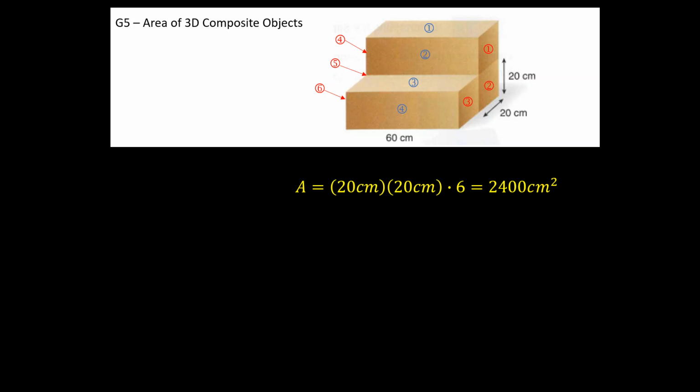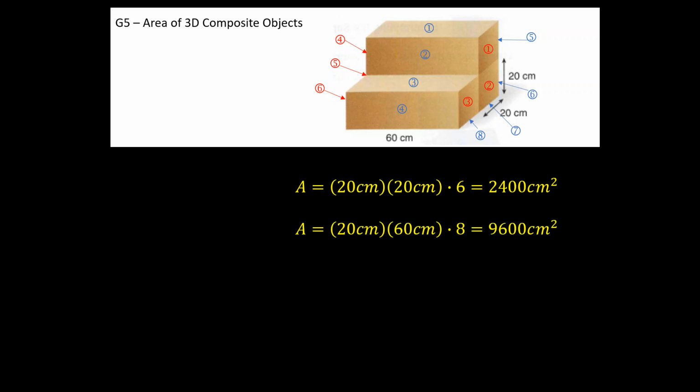But we also know that there are the ones in the back, so that one, that one, that one, and the ones on the bottom as well that are also the same size. All 8 of those are going to be a 20 by 60 rectangle. Perfect. Solve for 1, 20 times 60, and then multiply that by 8 to come up with a total for all 8 of those.